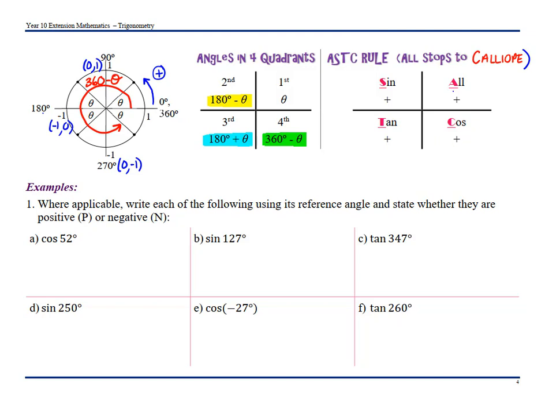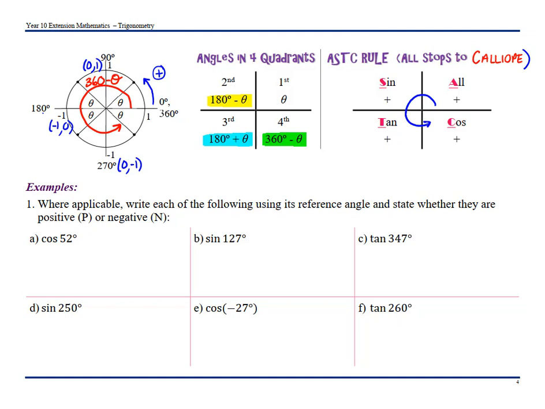So that's what we call our ASTC rule, which you might want to remember as All Stops To Calliope, for example. My Year 11s have come up with a nice, interesting mnemonic for that. So however you want to remember ASTC, remember we go in the anti-clockwise direction.